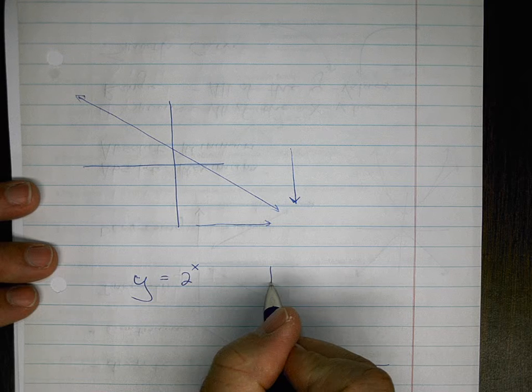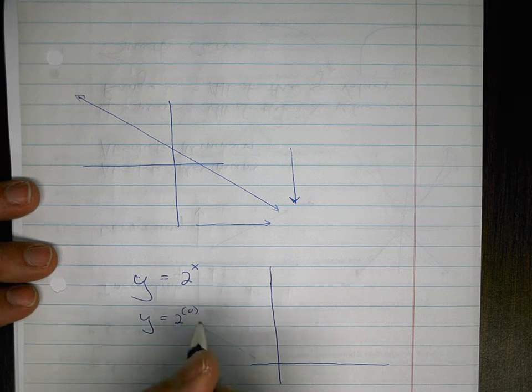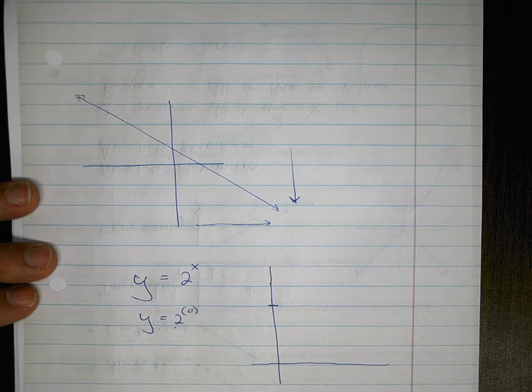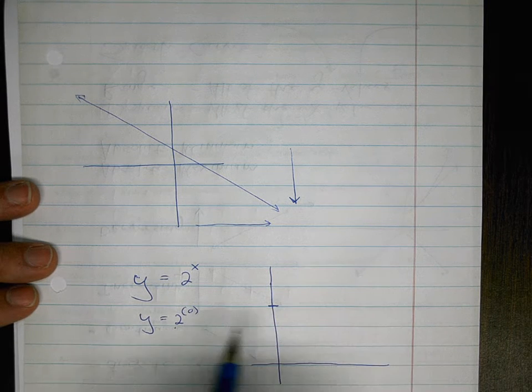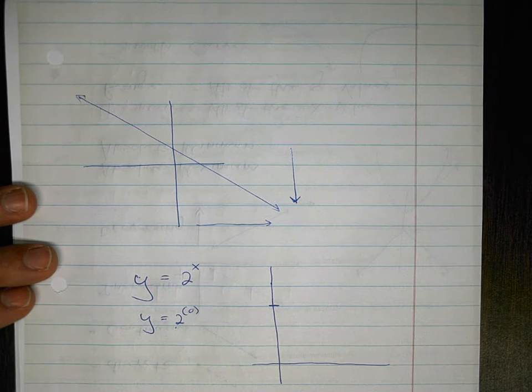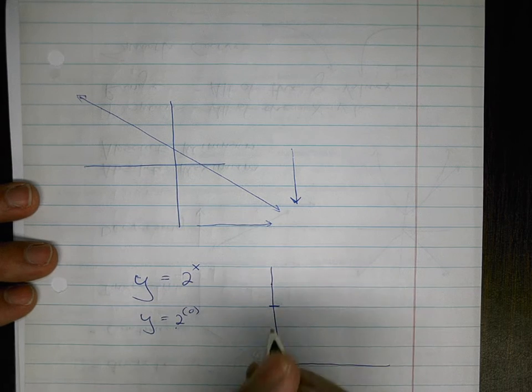When we plug in 0 for x, anything to the 0 power equals 1, correct? We talked about that earlier in the year. That's one of those things you're supposed to know from junior high. Anything to the 0 power equals 1. So we'll call this 1 right here.